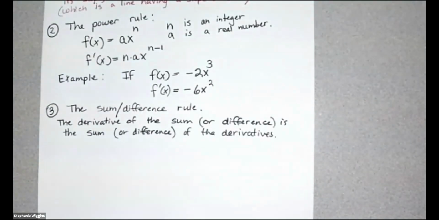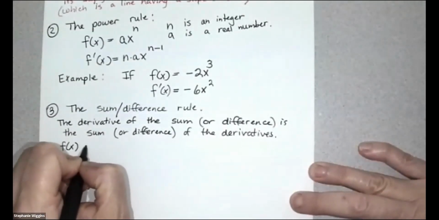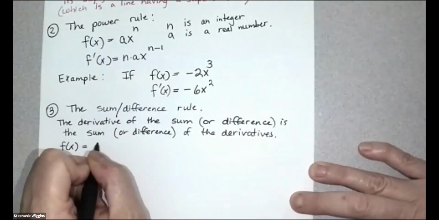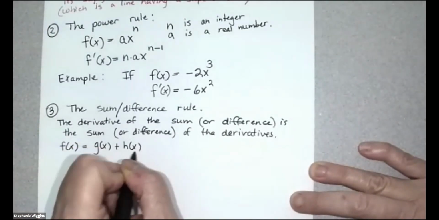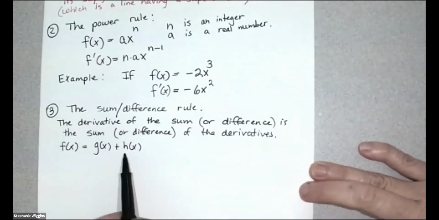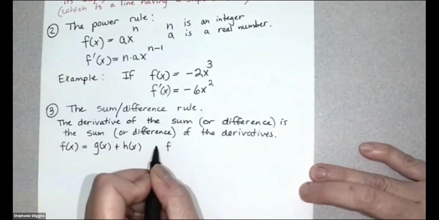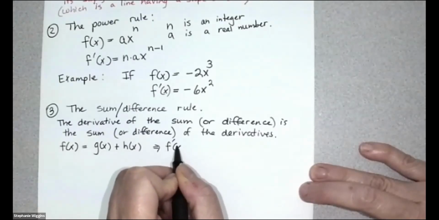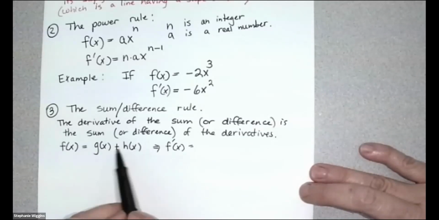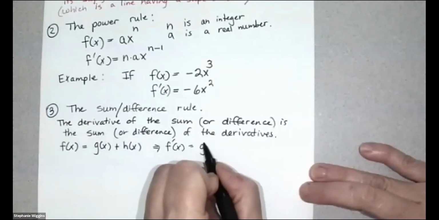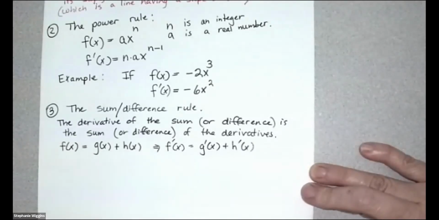Okay, so let's say you have two functions, and f of x equals g of x plus h of x. So we're taking two functions, and we want to take the derivative of this. All we have to do is take the derivative of the individual functions and add them together. So that's just g prime of x plus h prime of x.